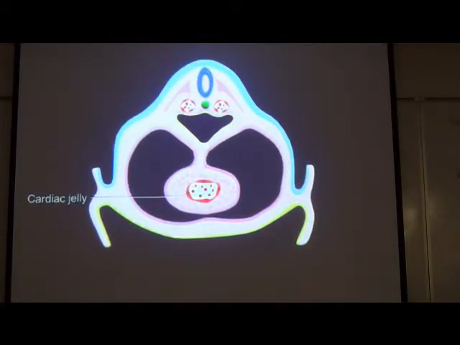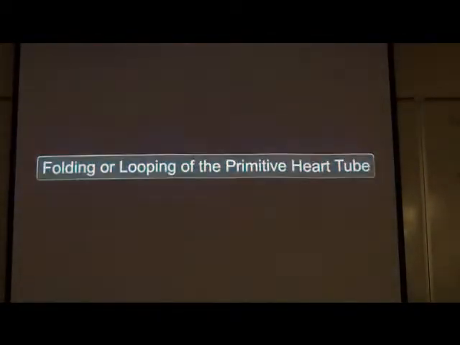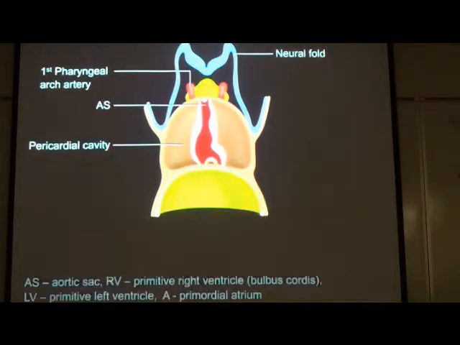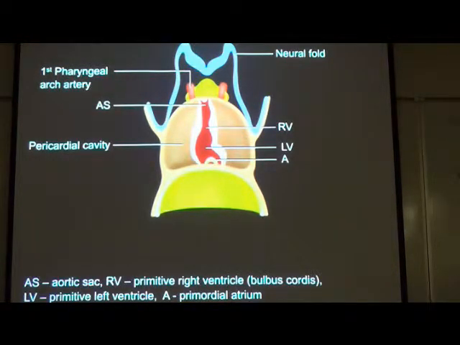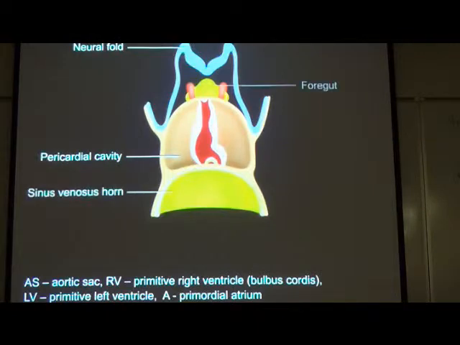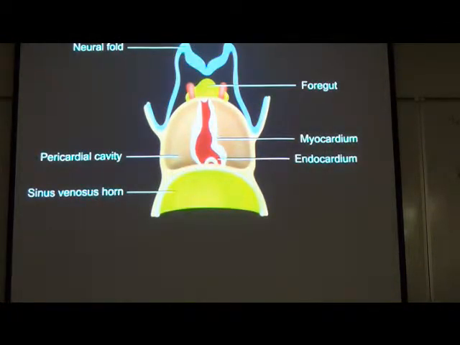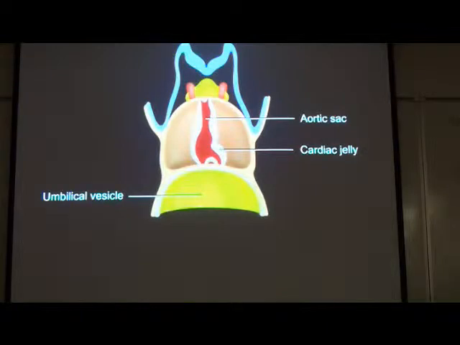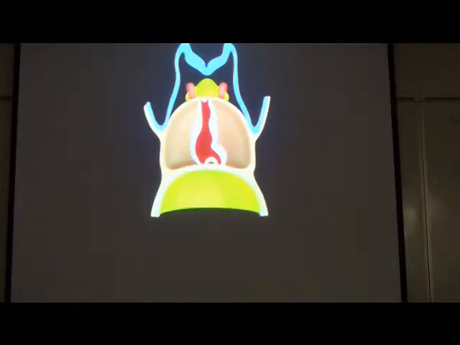This is up really high, above where most of the gut would be. Cardiac jelly is what the cardiac muscle forms from. Day 23, the muscle cells are already contracting.